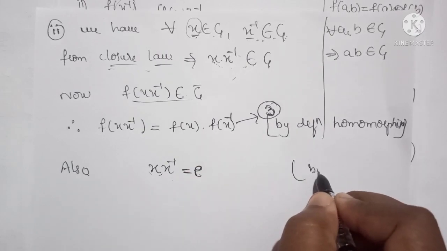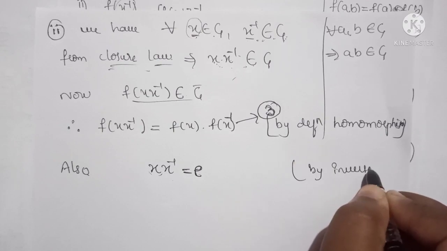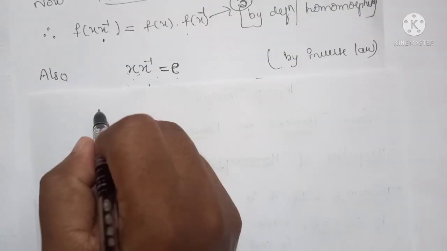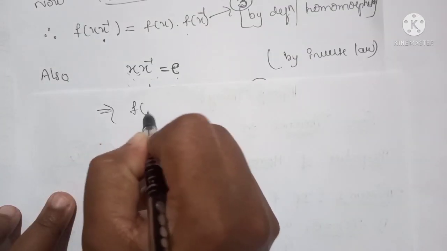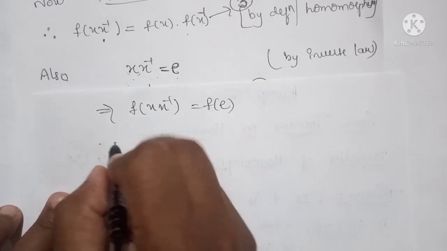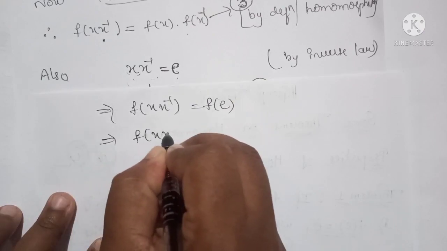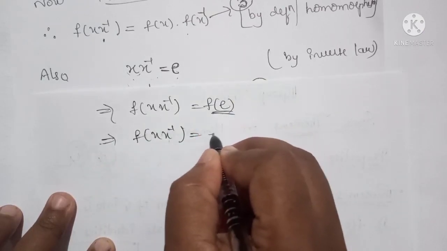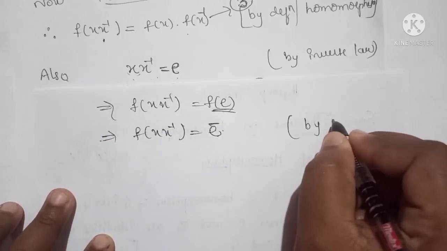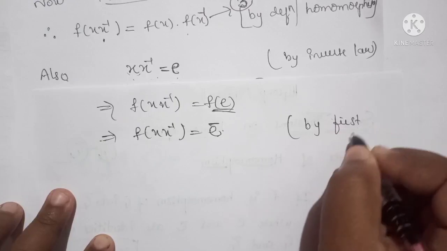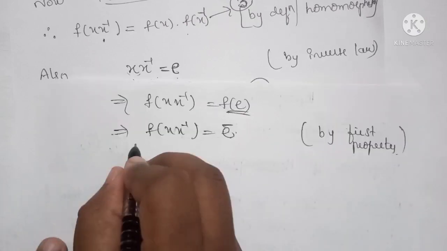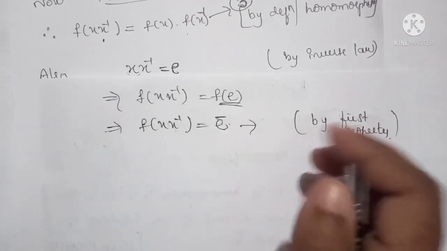So by inverse law we can write x into x inverse equals E. Now taking image on both sides, we get f of x into x inverse equals f of E. But we have just proved that f of E equals E bar from the first proof. So this is by the first property, right? Consider this as equation 4.